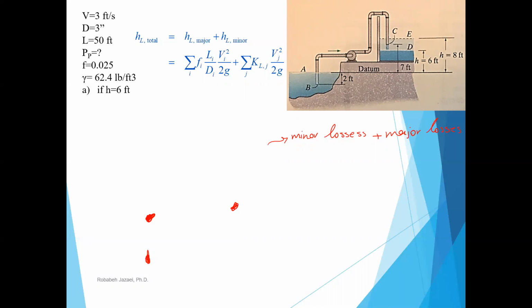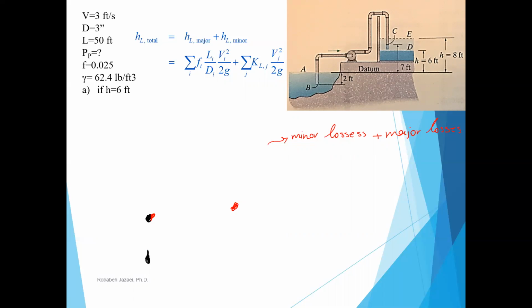We have a velocity, diameter, length, friction factor, and gamma, which for the British system is 62.4 pounds per cubic foot.